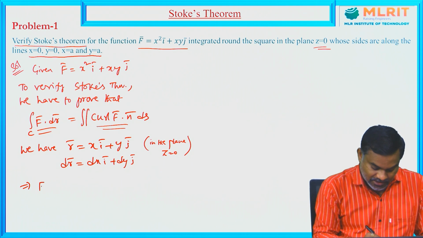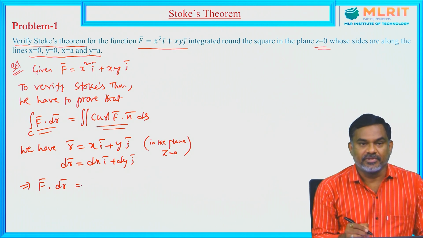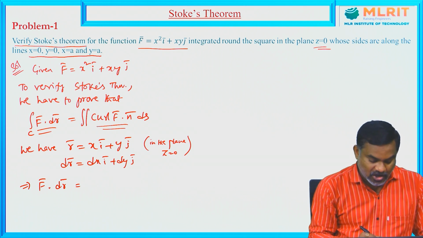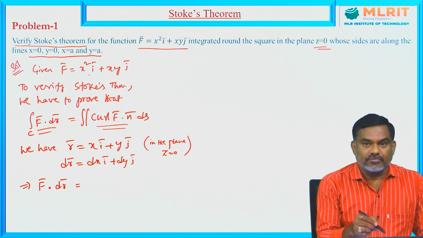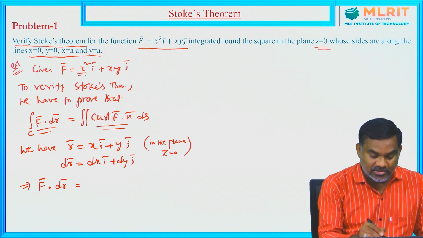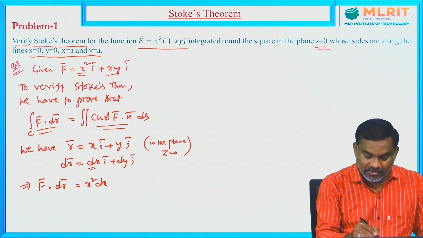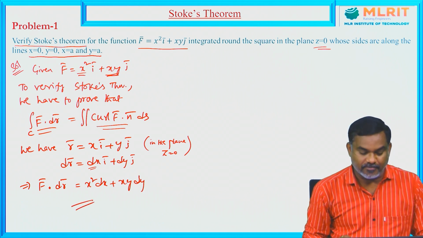That implies f bar dot dr bar, the dot product between two vectors. The result will be a scalar. So here, what is the dot product between these two vectors? Simply the sum of the products of corresponding components. So here the first component is x square and here dx, x square dx, plus xy dy. This is f bar dot dr bar.